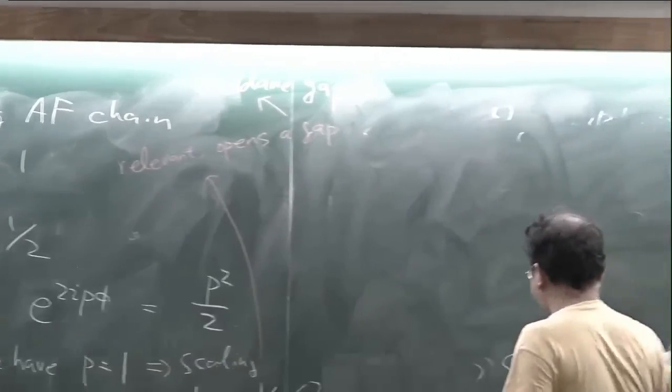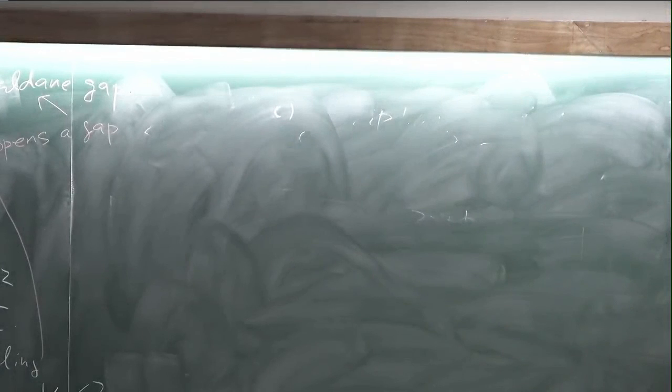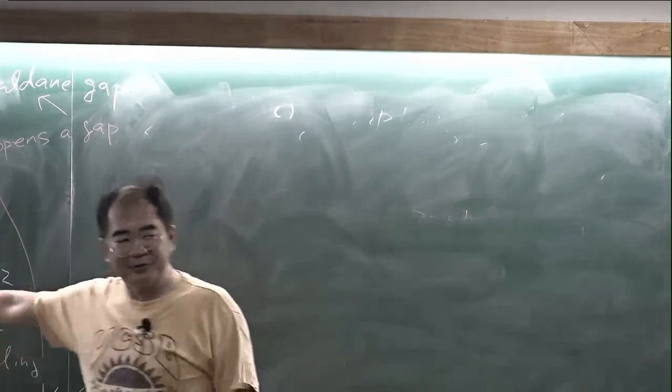But for the half odd integer spin chain, the situation is a bit different, because this p equals 1 term doesn't appear in the perturbation, at least as long as we look at this SZ-SZ interaction. So in principle, you also have to look at S plus, S minus, but as I said, the conclusion remains the same. Anyway, for the half odd integer spin chain, we don't have cosine of 2 phi. You only have cosine of 4 phi, which corresponds to p equals 2 in this formulation.